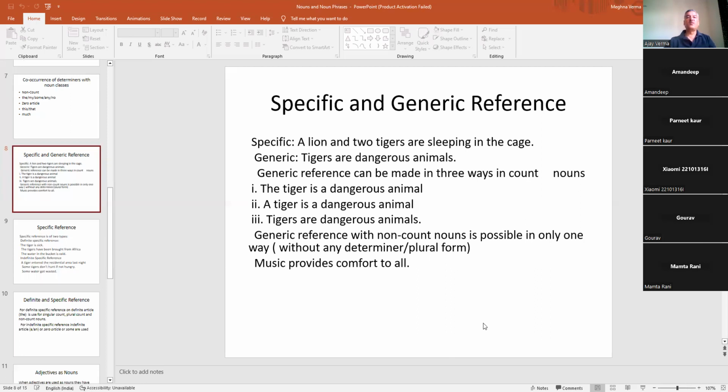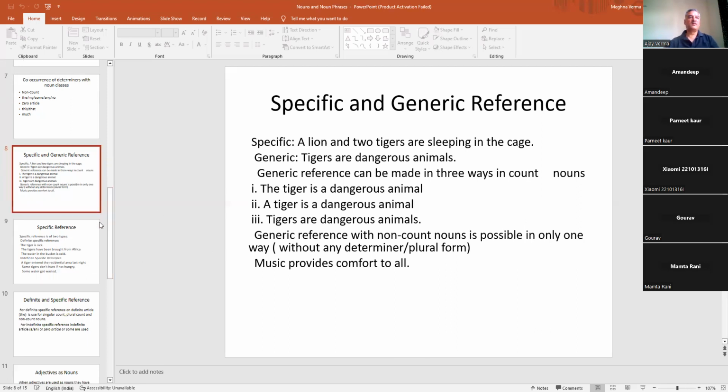So, music provides comfort to all. Non-count nouns, because they do not have a plural form, as we have already discussed, make generic reference without a, the, or any plural form.